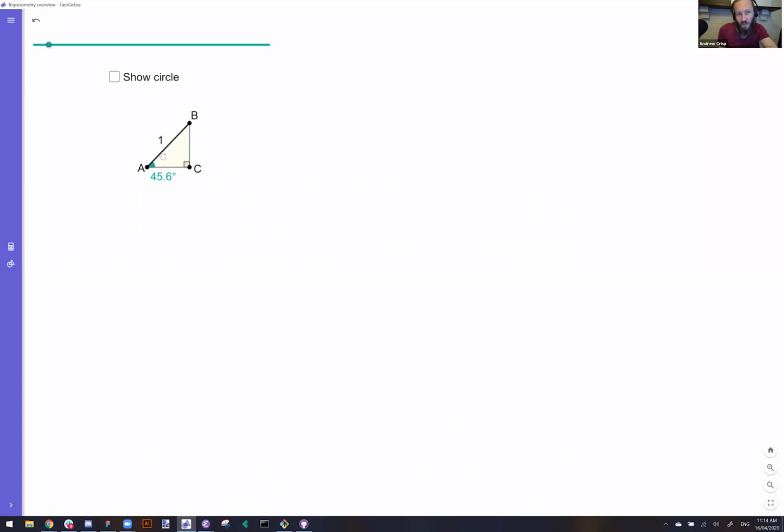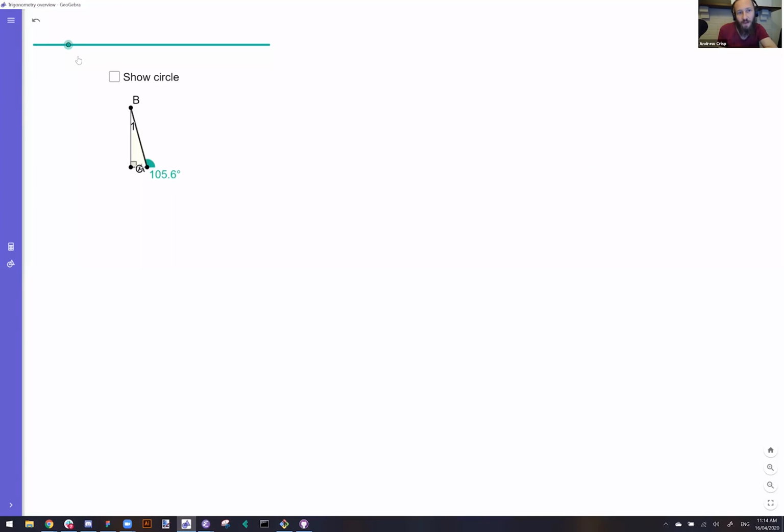But because I've fixed the hypotenuse length at 1, what I'm doing when I am changing this angle, think about the shape that B is tracing out. So this B is moving around. What happens if I keep B moving around and I get B to move all the way over around here?